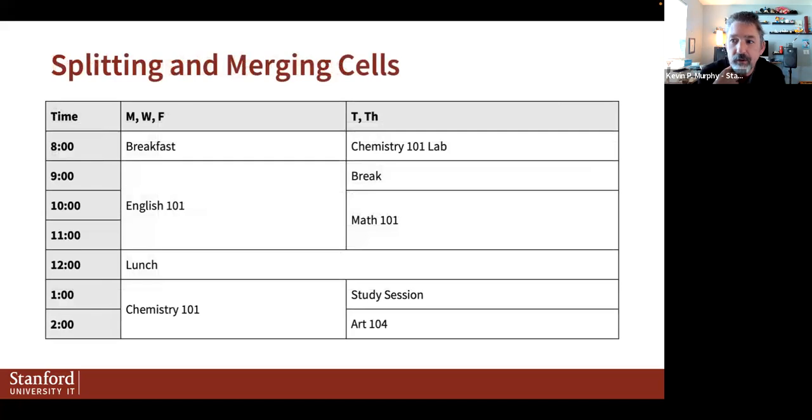Splitting and merging cells is problematic. I just tested this when I built this particular example with a screen reader on a web page, and JAWS actually read it pretty well, I have to admit. But I tried the same thing in Microsoft Word, and it didn't. So again, this is more of a Word document thing than an HTML thing.